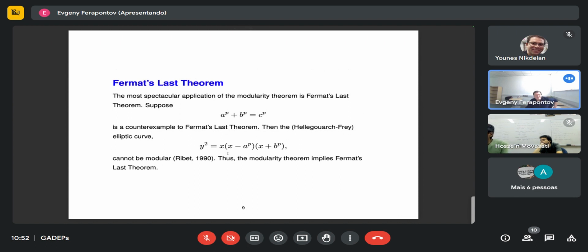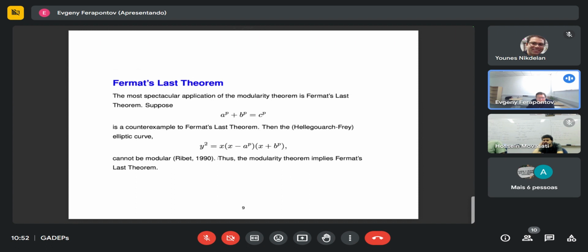Okay, this we can skip. It's how Fermat's last theorem was proved. It's just a slide. Suppose that A, B, and C, we prove Fermat's theorem by contradiction. Suppose there is a solution, then you construct this elliptic curve.